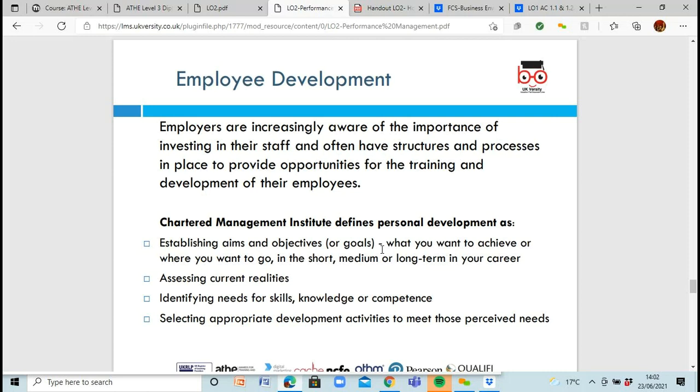The Chartered Management Institute defines personal development as where you set your aims, objectives and goals, and you know where you want to go. You assess your capabilities against what is realistic, identify your needs and skills, and look at the right development opportunities and activities to get to the goals you want to achieve.